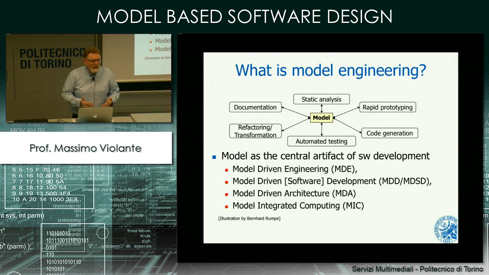Then let's imagine that we want to build a model that is intended for studying the consumption of that vehicle when moving in a certain road condition. Well, in this totally different scenario, starting from the same physical object, the vehicle, it is very likely that we will build a totally different model.